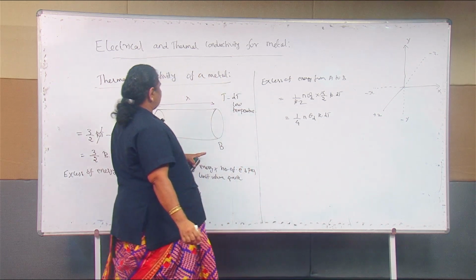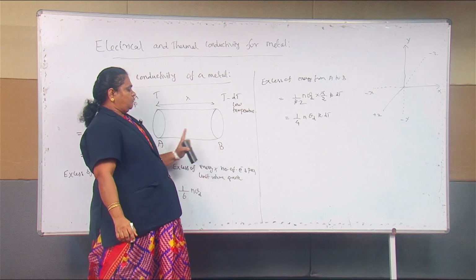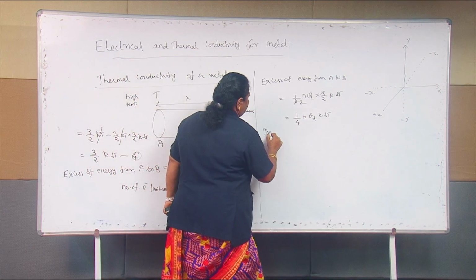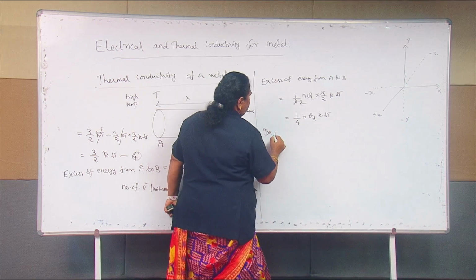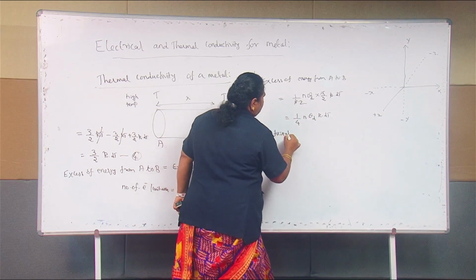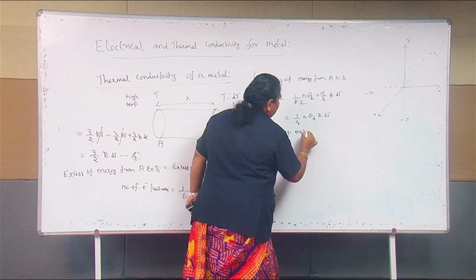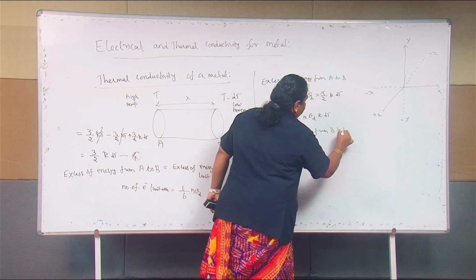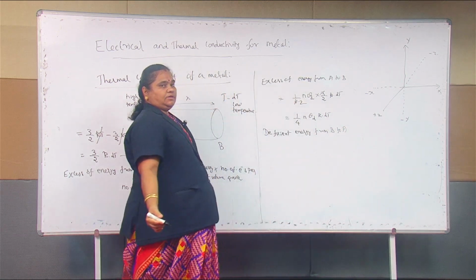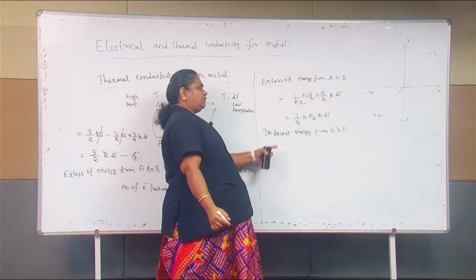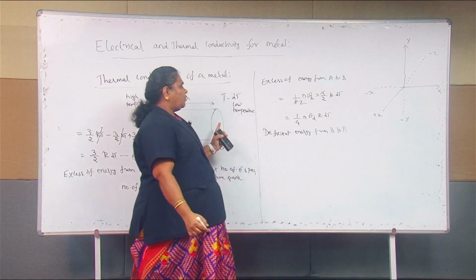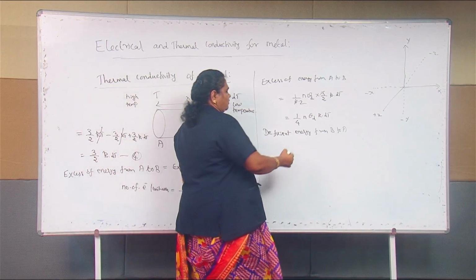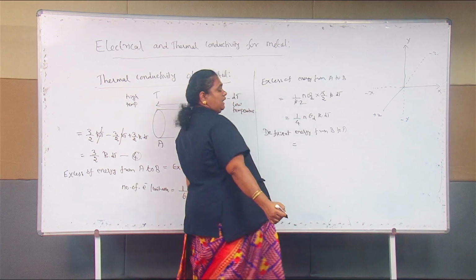In the same way we can express it from B to A, which we can call the deficient energy. This is our excess of energy, and this is the deficient energy from B to A. It is the same, the only difference is that it is in the opposite direction to the excess of energy, so we just need to introduce one negative sign.